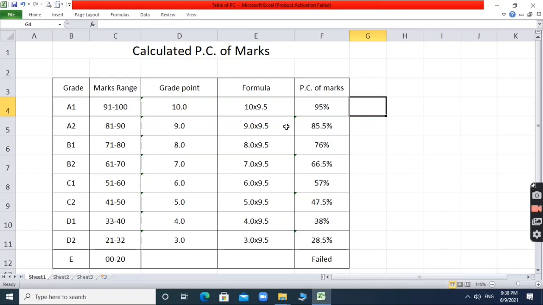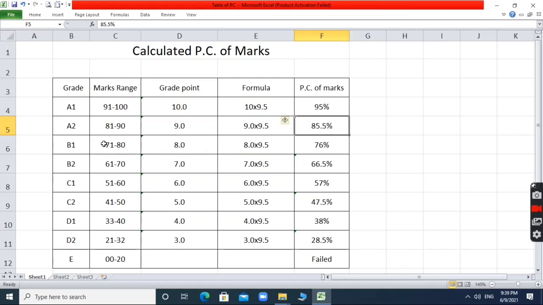Now, if 91 to 100 makes 95%, then 81 to 90 marks should be 85%. But when we apply the formula, it stands at 85.5%. That means 0.5% increases as we go into lower grades.